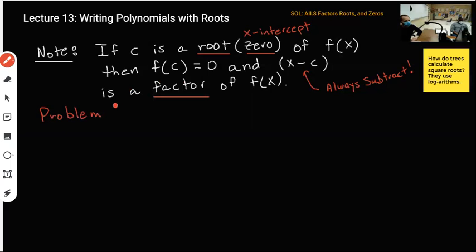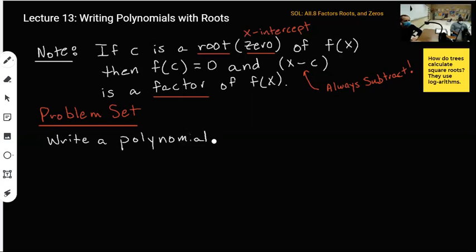So problem set. Now for each one of these, what you're going to be doing is writing a polynomial. These are the directions: write a polynomial for the given roots.